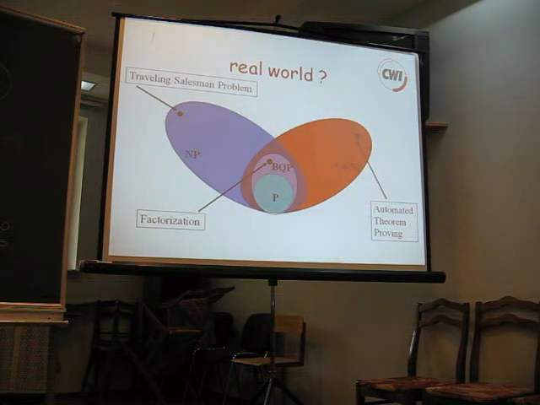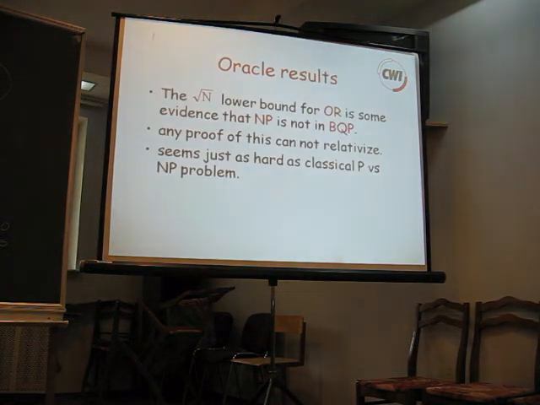Or is it really not that much of an interesting class, and is it really tiny? Does it only sit between P and NP intersect co-NP, or maybe does it even sit in P? All these questions are very interesting and not known. So it's not known exactly where BQP sits.